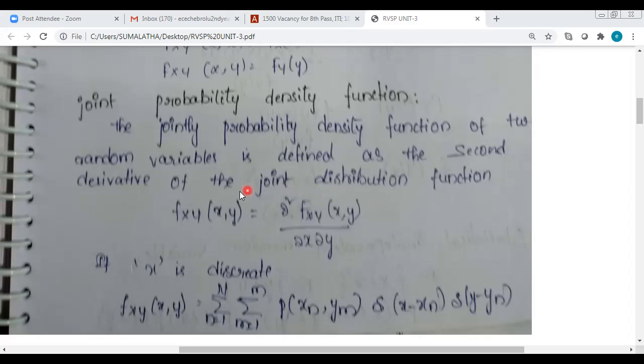So this is the formula for the joint density function.